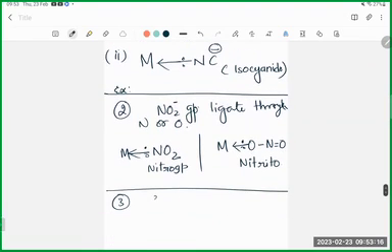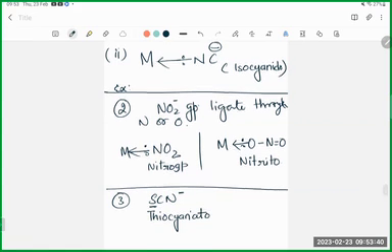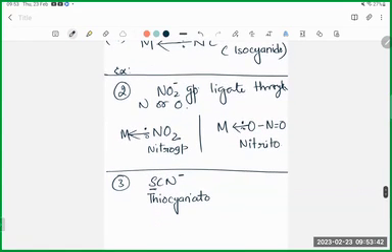Yes, ma'am. Then we have SCN. What do you call the SCN? Thiocyanate. Thio is used for sulfur, S. So the IUPAC name for S is thio. Thiocyanato.